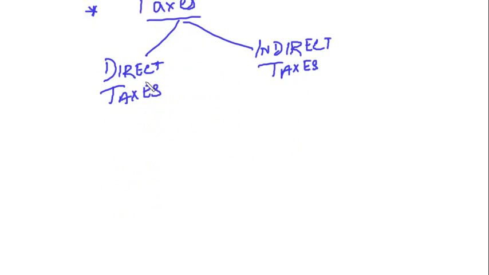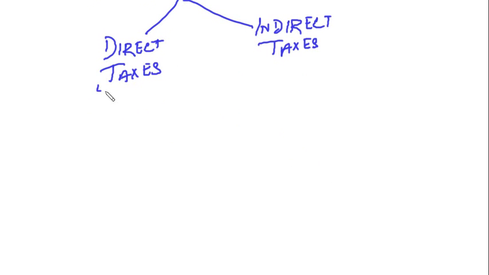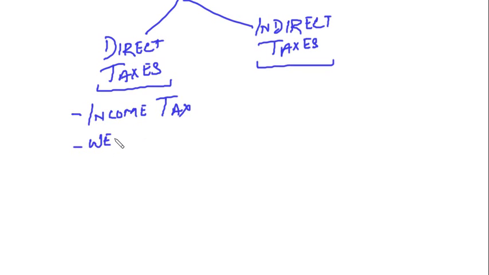Direct taxes are the taxes which are directly being imposed on your income, like income tax. Then we have wealth tax, right, that are directly related to whatever you are earning from your business. These are direct taxes.